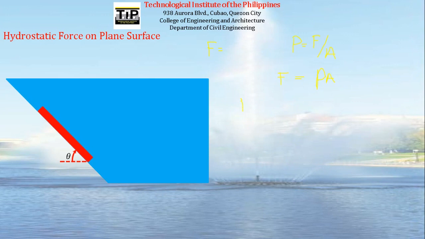Now we'll prove that force is equal to gamma H bar A, wherein gamma is the unit weight of the fluid, H bar is the vertical distance from the top to the center of gravity of the flat surface, and the area is the cross-sectional area of this flat surface.